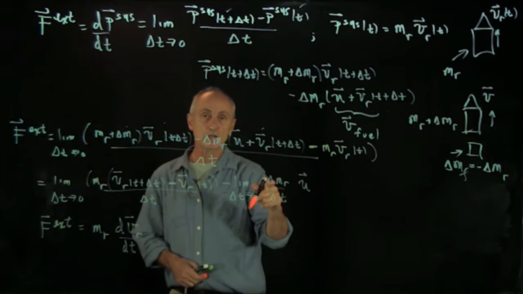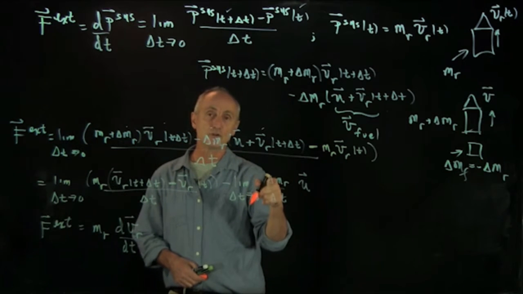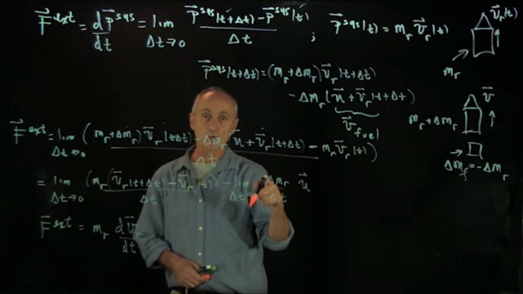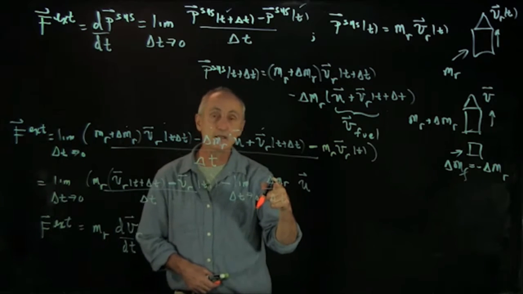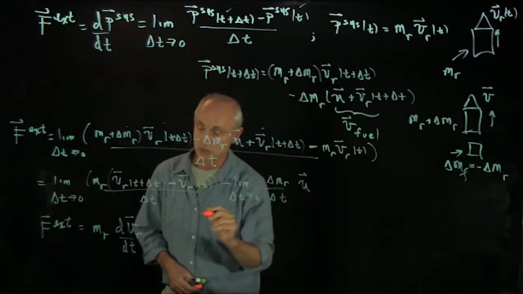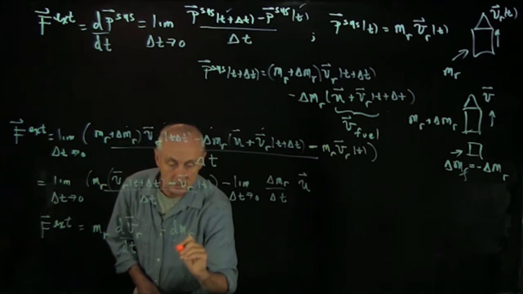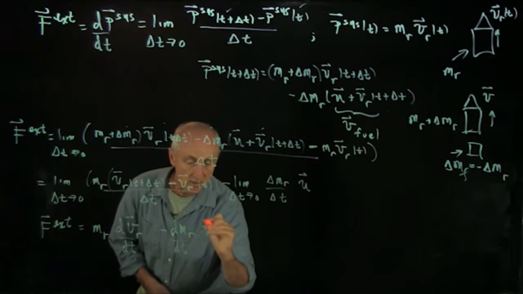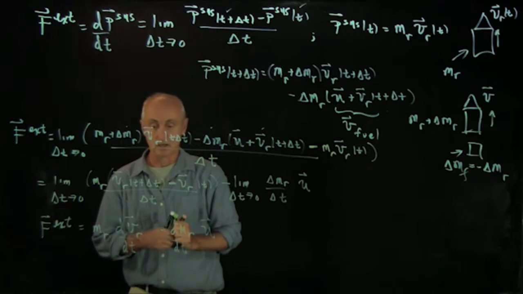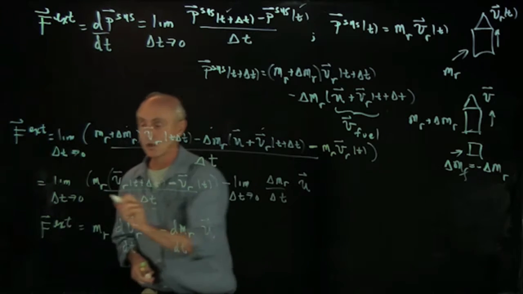And the second term is the rate that the mass of the rocket is changing. So that's the derivative dmr dt times the relative velocity of the fuel with respect to the rocket.